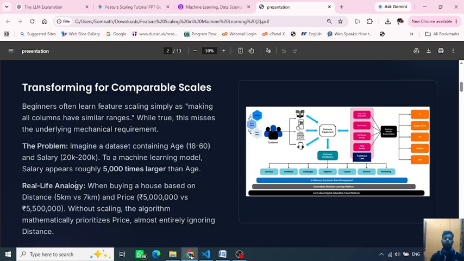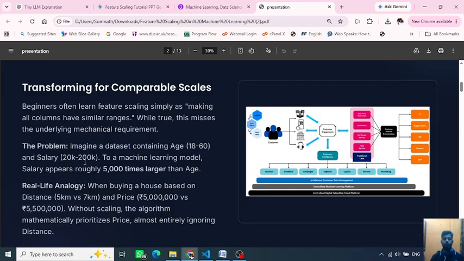To a machine learning model, salary appears roughly 5,000 times larger than the age, right? It is just numbers 18, 20, 30, 50, 60. But here 20k, 30k, 40k, 100k, very large.